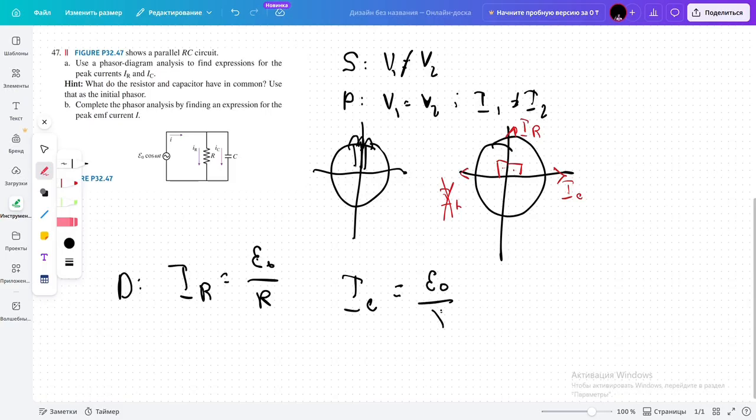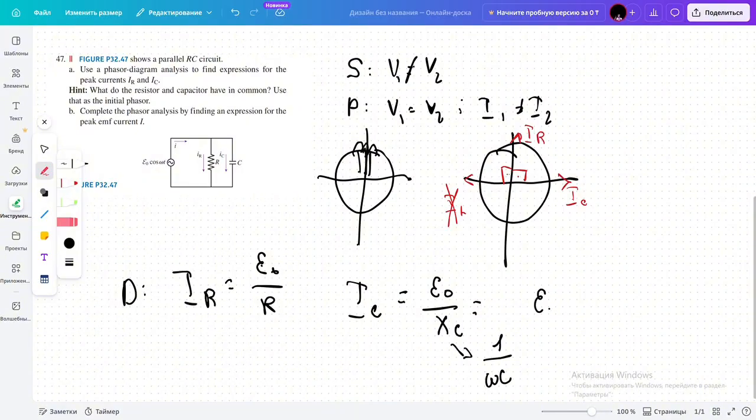E0 over the capacitor's reactance, which is 1 divided by omega C. So our formula will look like this.